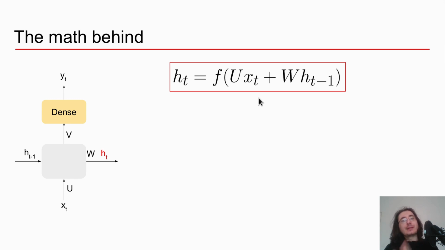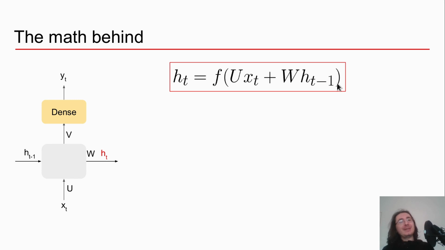This function depends on xt, which is the current input, and it depends on the previous state. This is very intuitive because the current state depends on the input data for that time step, and the state vector for the previous time step. So that is the context.